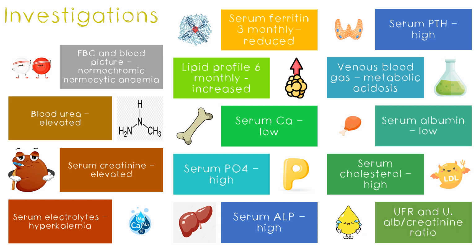Other findings may be a low albumin level due to loss from proteinuria and poor intake, and with this, there can be an increased serum cholesterol level, because the liver tries to produce more protein, mainly lipoproteins, which will lead to the irregularities in the lipid profile. UFR and urine albumin to creatinine ratio are also quite important.